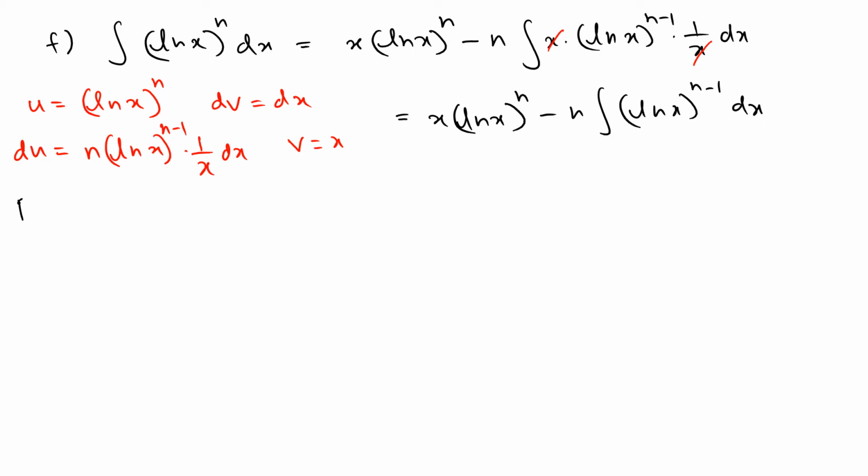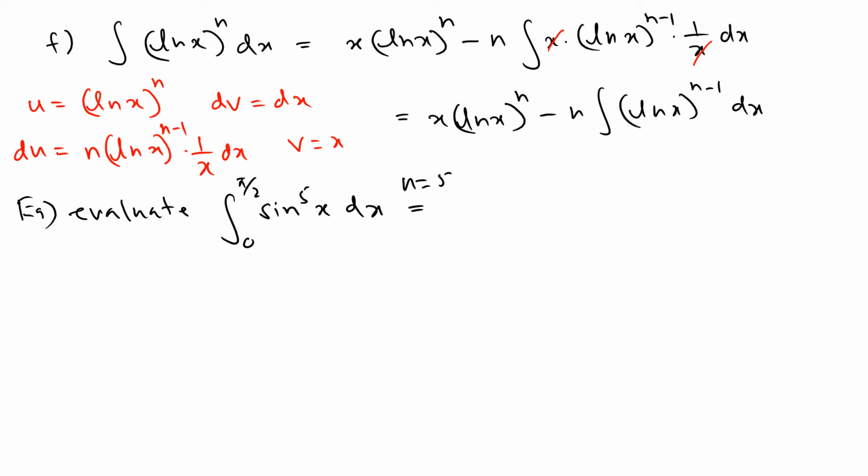As the first example, let's try this one. Evaluate the integral from 0 to pi over 2 of sine to the fifth power x dx. We can use the first formula with n equal 5.